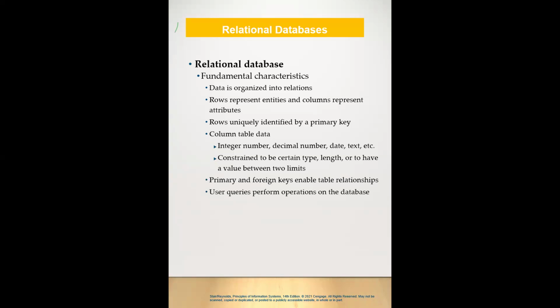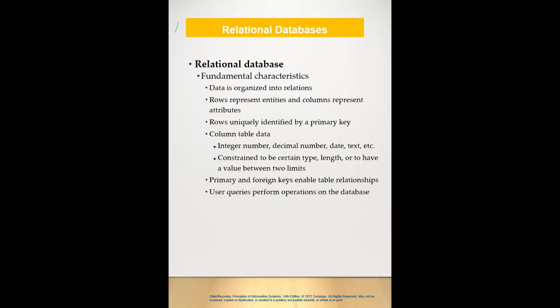So the field within our table can either be integer numbers, alphanumeric, decimal numbers, date, or text, whichever we want to use, depending on whether it's going to be a name, numbers, or a date or time. We can select that kind of character.